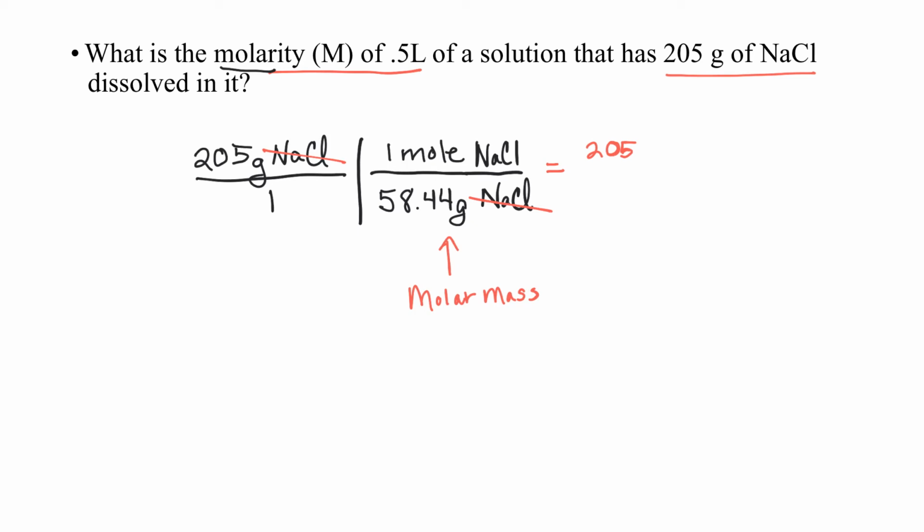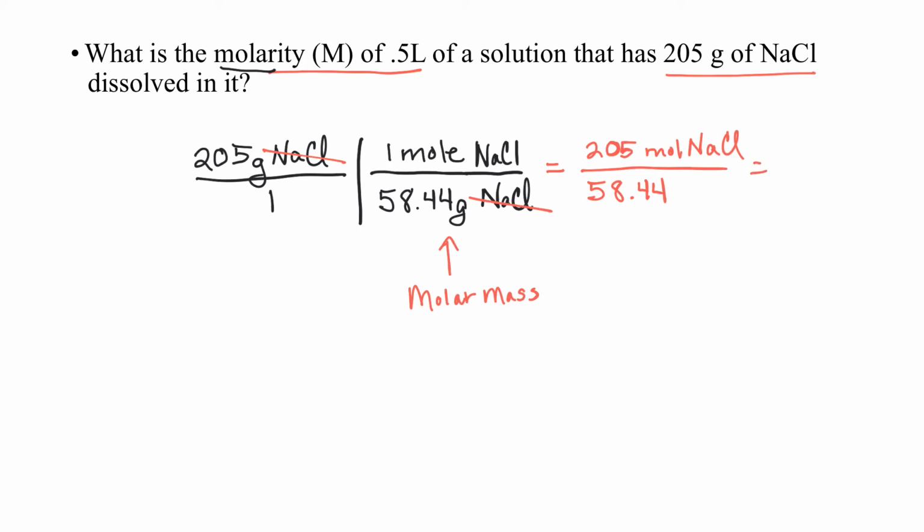So we have 205 moles of NaCl divided by 58.44, and we cancel grams, so we don't need to put anything there.